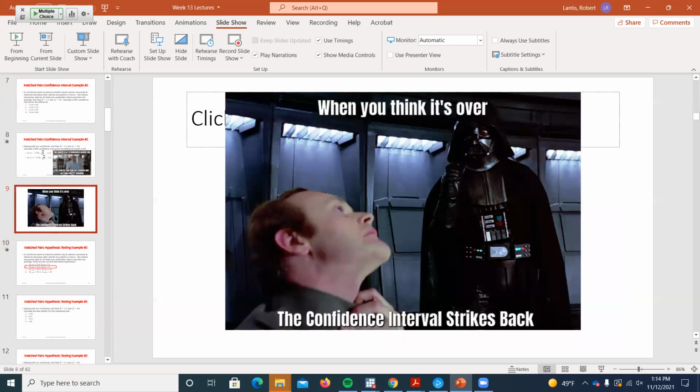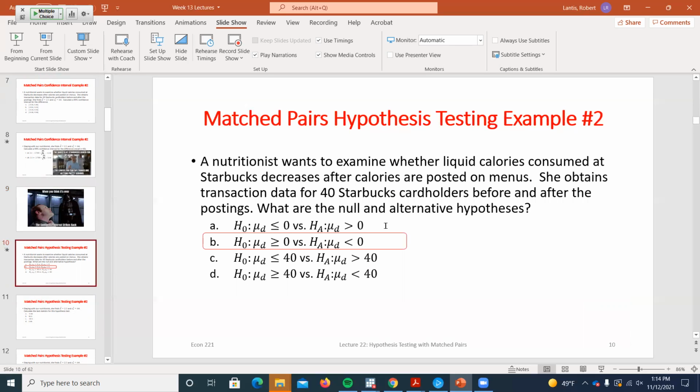So we can do these confidence intervals for matched pairs, and it really looks just like what we were doing before, right? We can also do some hypothesis testing. So let's work through this Starbucks card holder one and think about how we could do some hypothesis testing. I should have just gotten rid of this from the slide, but I guess we already know ahead of time. The original question was, have calories decreased, right?